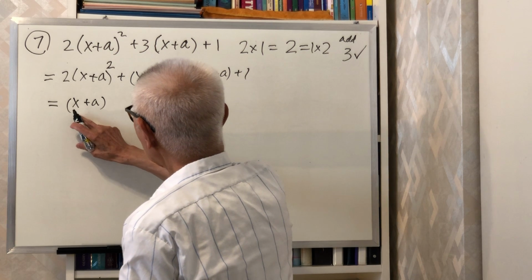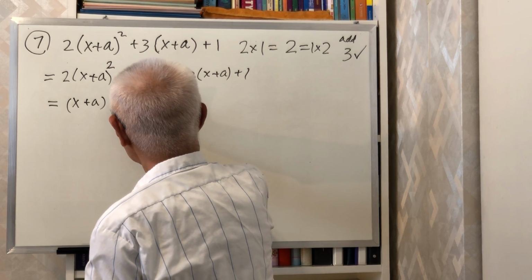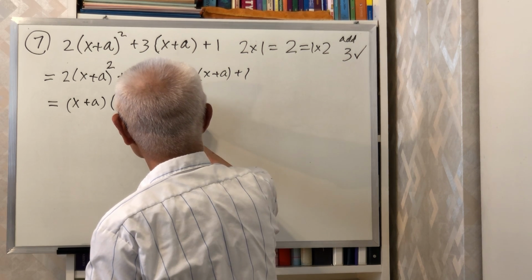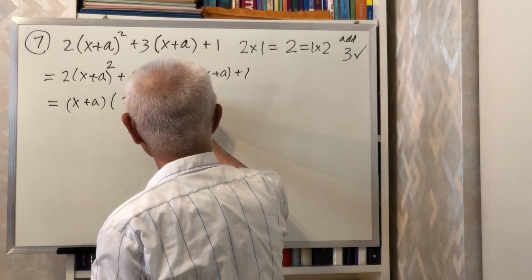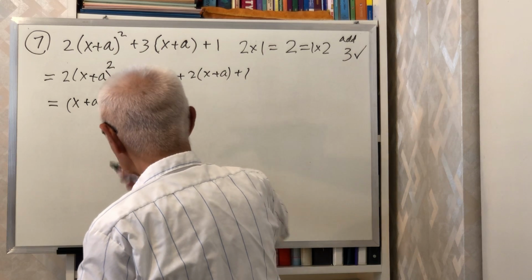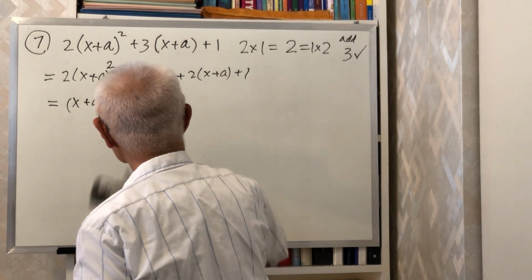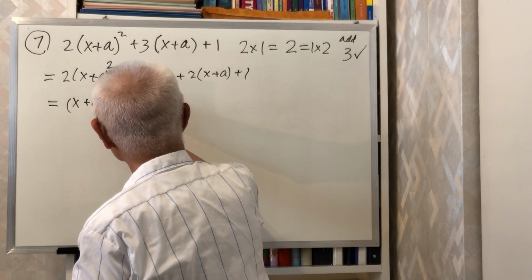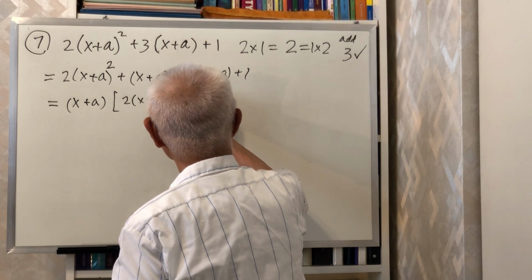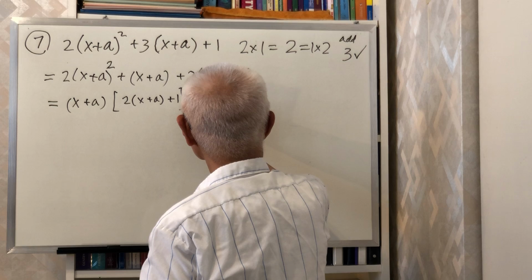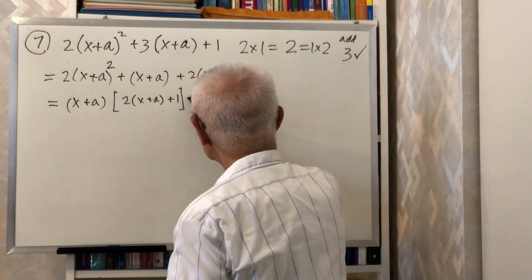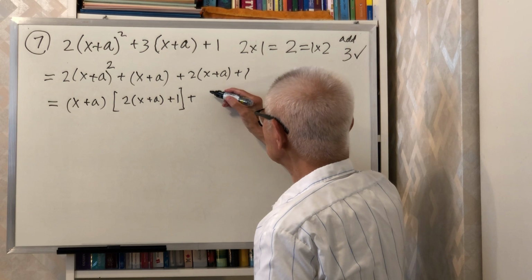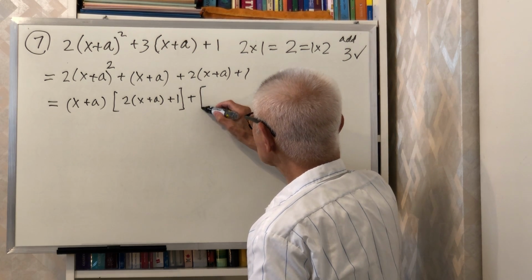So I factor out x plus a. Then I have 2 times x plus a plus 1. So I should have a square bracket plus the third term and the fourth term. I use a square bracket.